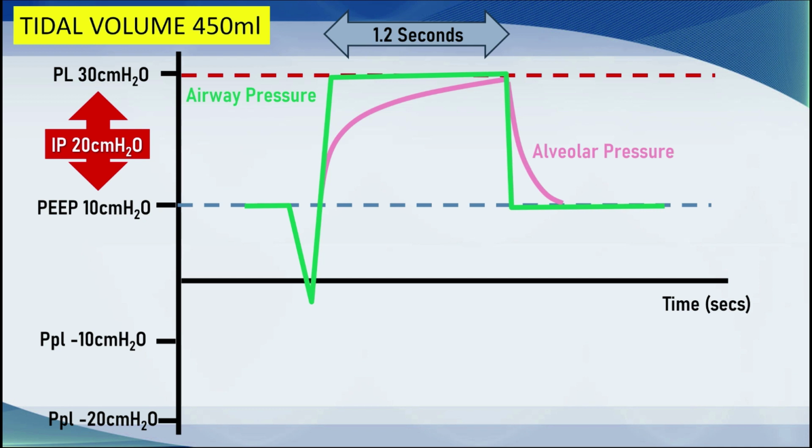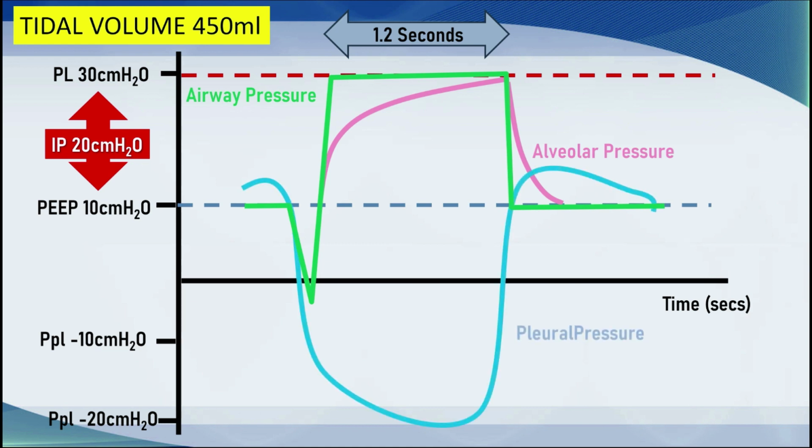And the first thing that you've got to look at there is that divot in the pressure curve that goes from 10 centimeters of water of PEEP right down below atmospheric pressure, and then the airway pressure becomes positive, and that is not good. And let's have a look at the pleural pressure that matches this, and look at that huge big swing downwards in the pleural pressure, this huge almost valley of pressure that's being generated right down to minus 20 centimeters of water.